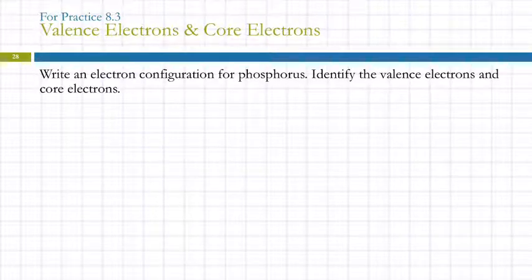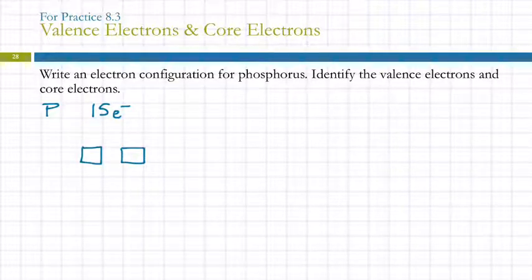So let's write an electron configuration for phosphorus and identify the valence electrons and the core electrons. I'd like to do an orbital diagram first. So how many electrons does phosphorus have? 15. So let's make our boxes here.